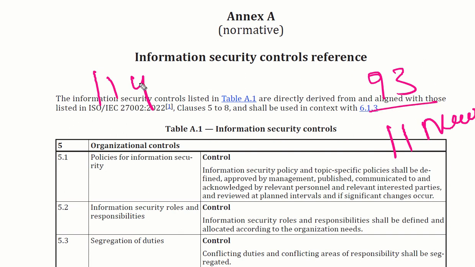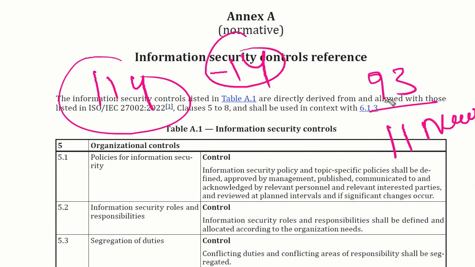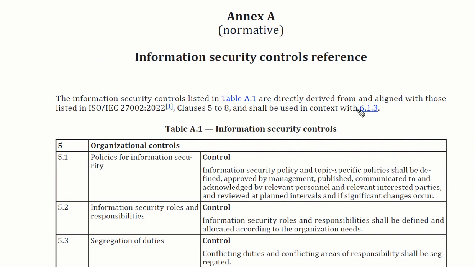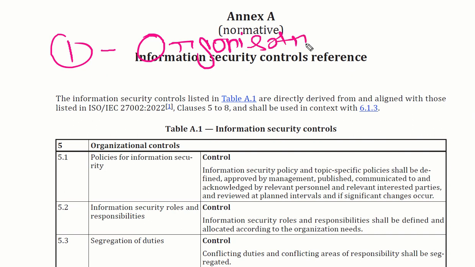Earlier we had 14 domains for the 114 controls. Now for these 93 controls we have only 4 domains. These 4 domains are segregated as follows: the first one is organizational control. The second is people related control, your HR related control.